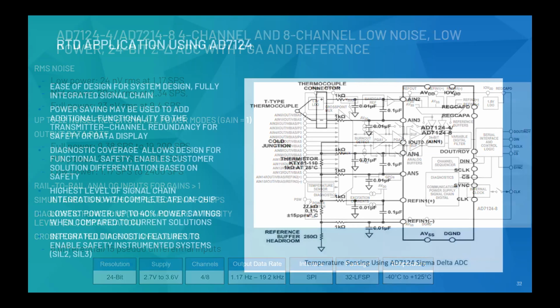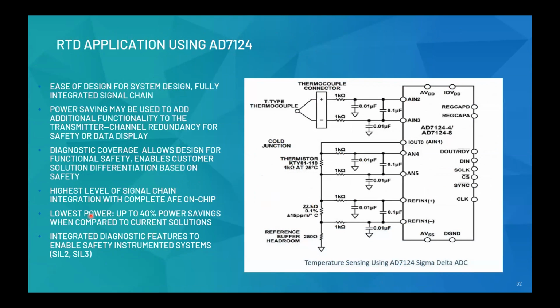So this is one of the application examples of the AD7124. I've taken a very common temperature measurement RTD type of application. If you look at the diagram over here, we just have the ADC, and then with some biasing and some low pass filtering, we could directly connect the thermocouple or the RTD, or compensation, directly to your input signal.